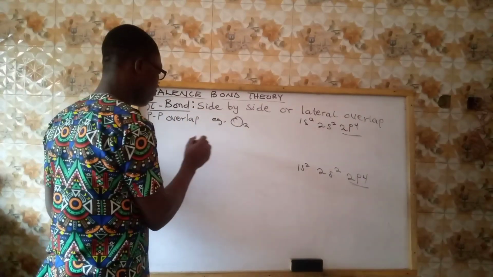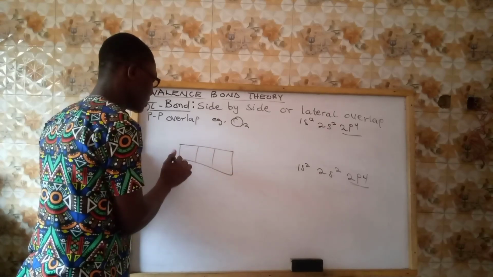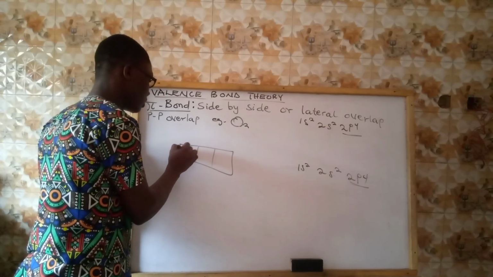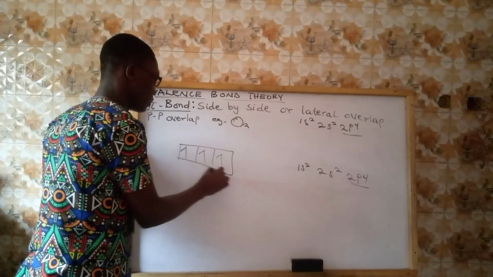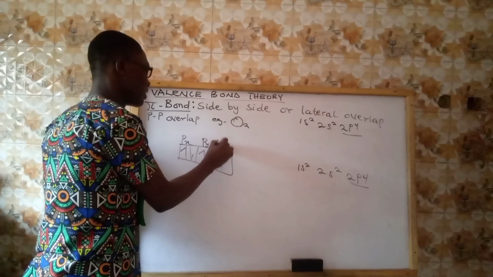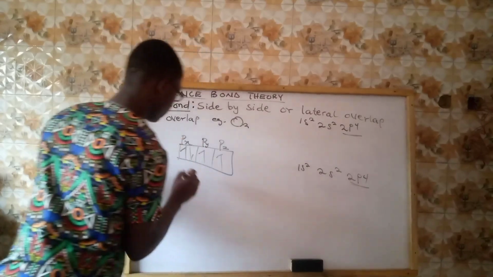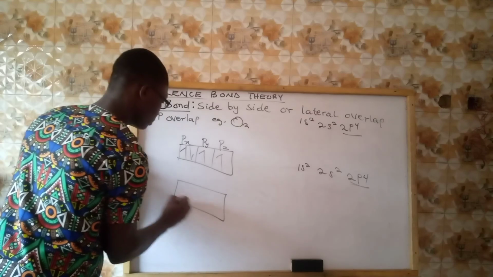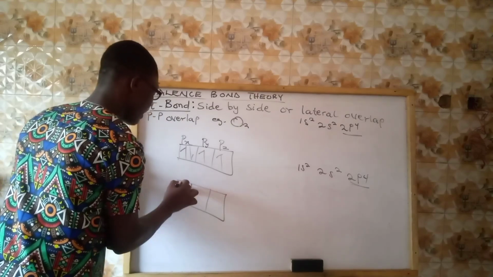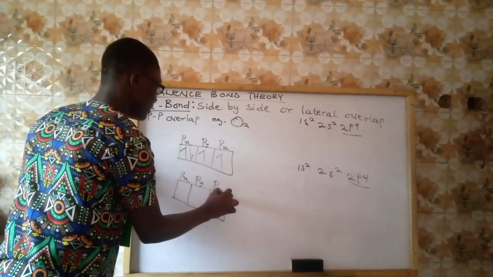So for 2p4, for the first one, you have the p orbitals with 4 electrons in them. So 1, 2, 3, 4. For the first one, px here, py, then pz. And for the second one too, the 2p4, you have px here, py here, and then pz here.